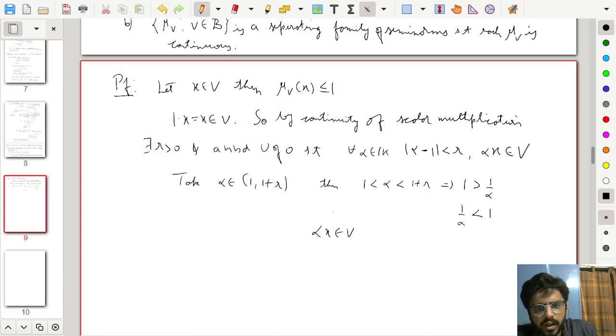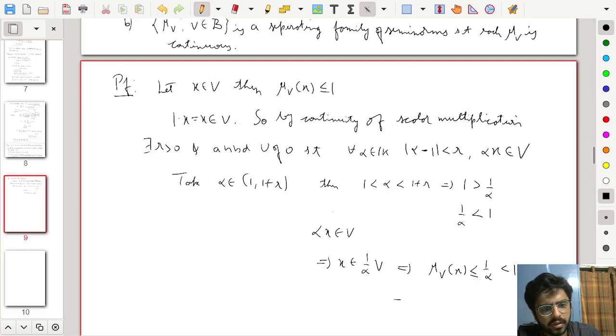You take any alpha in this interval, then alpha times x belongs to V, because mod alpha minus 1 is strictly less than r. This implies x belongs to 1 by alpha times V, right? This implies mu V of x is less than or equal to 1 by alpha, which is strictly less than 1, which implies x belongs to this set, all those y in X such that mu V of y is strictly less than 1.